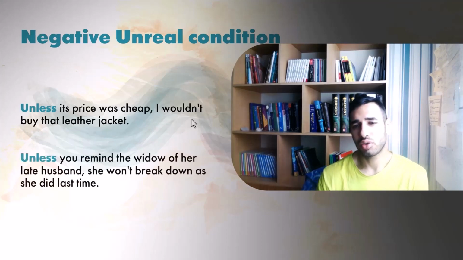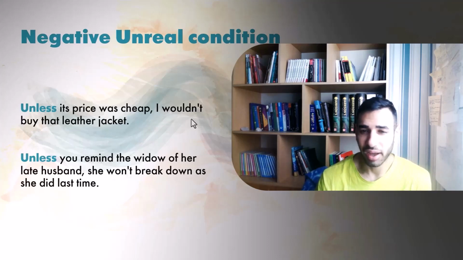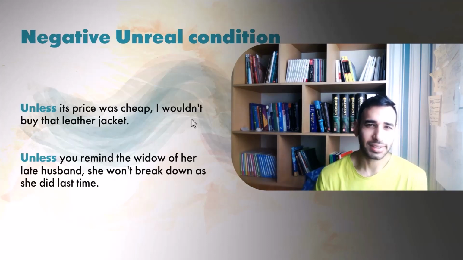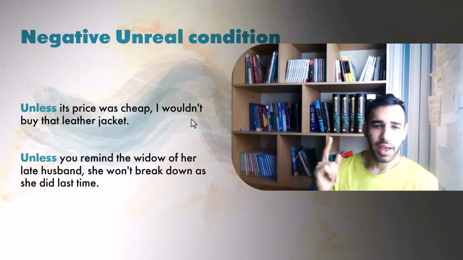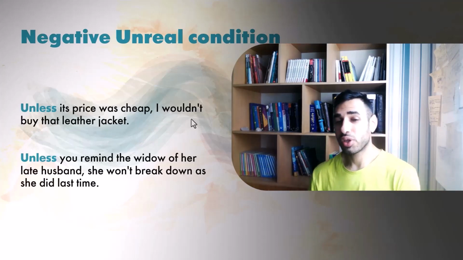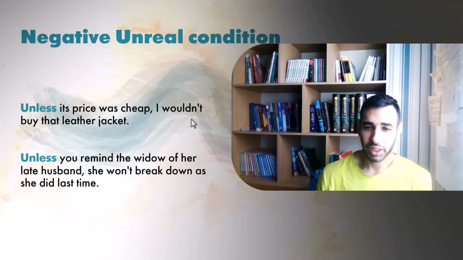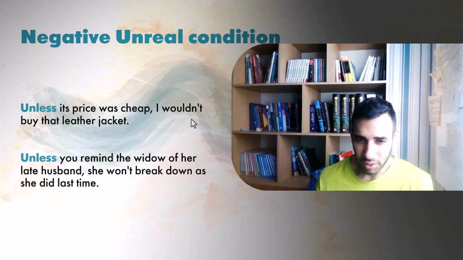Unless you remind the widow of her late husband, she won't break down as she did last time. So we reminded the widow of her late husband, and she broke down in tears. And this time, if you don't do this, she won't.